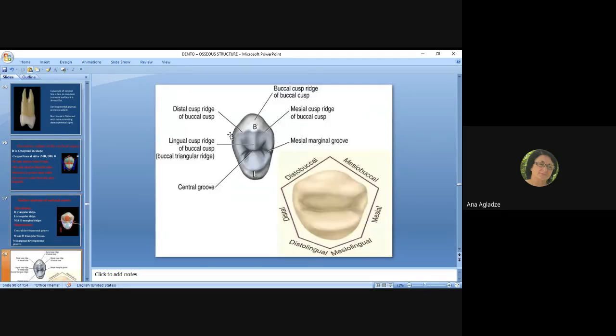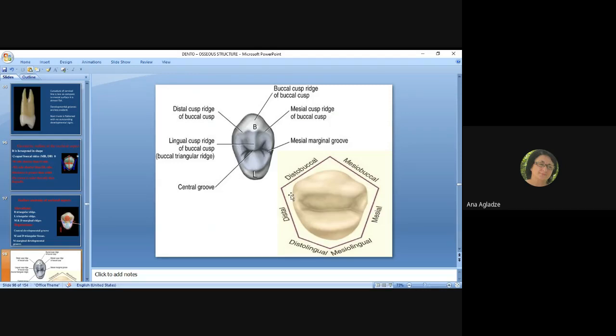And you can see this bicuspid tooth. They have two cusps. This is buccal side and the lingual side. This is buccal cusp ridge. This is mesial cusp ridge of buccal cusp. And this is distal cusp ridge of buccal cusp.